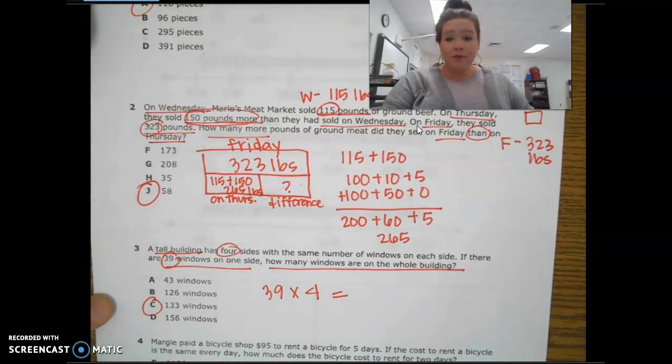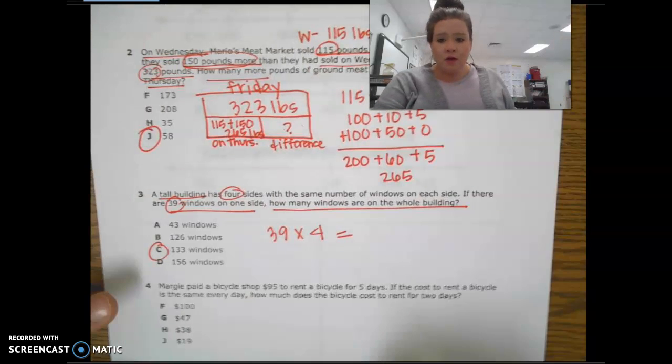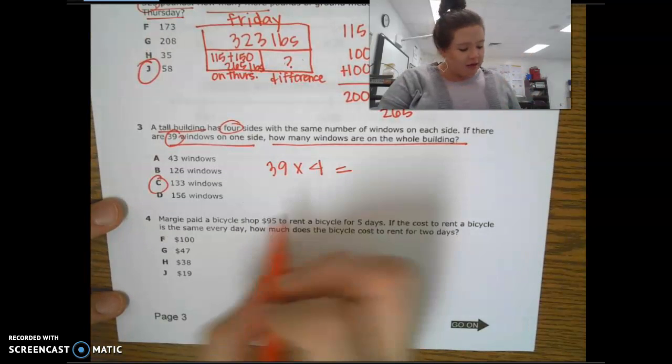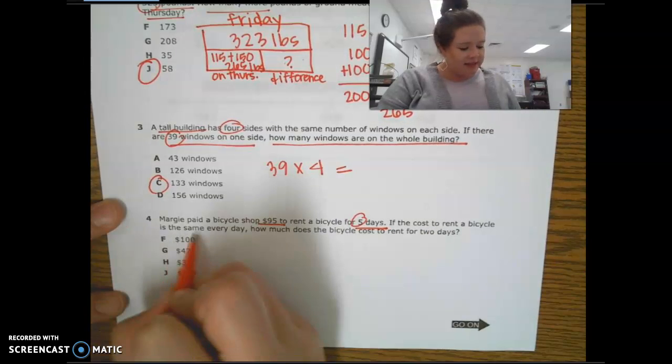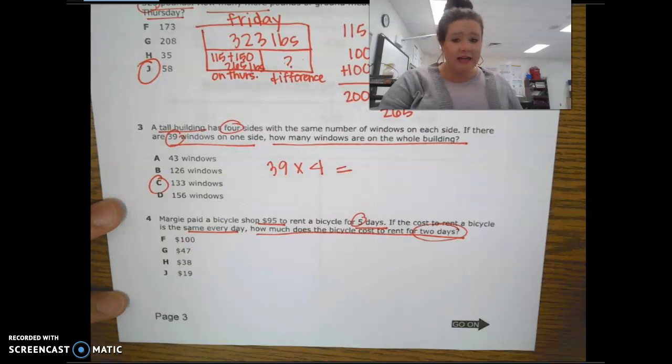Okay? I'm going to do number 4. Margie paid a bicycle shop $95 to rent the bicycle for 5 days. If the cost to rent the bicycle is the same every day, how much does the bicycle cost to rent for 2 days?